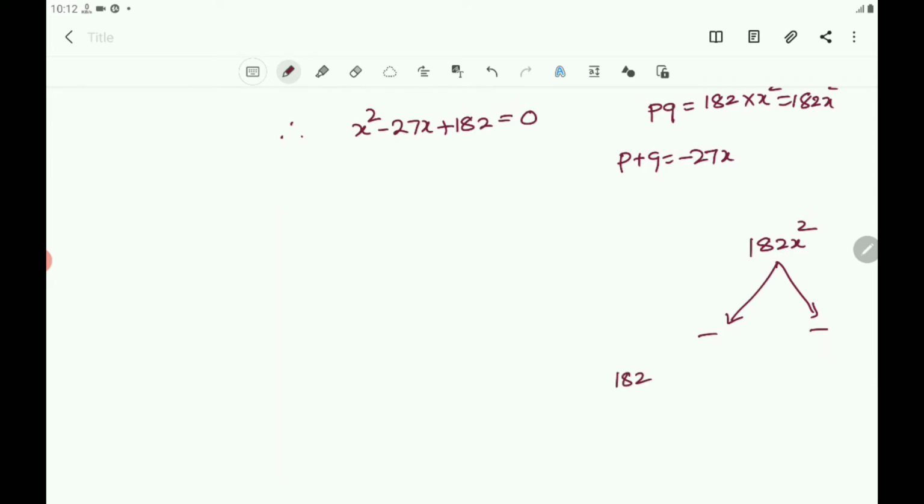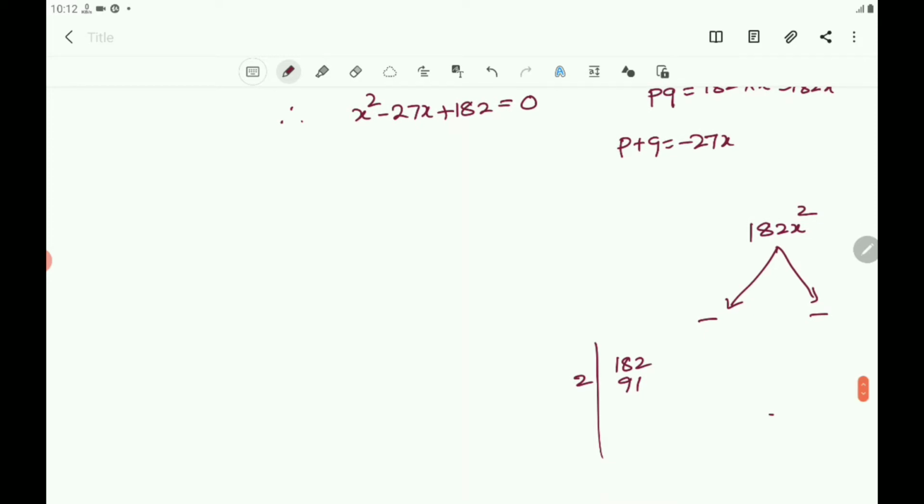182. Now you divide it by 2 as the unit digit is 2. 2 9s are 18, 2 1s are 2. Next, you know that 91 is divisible by 7. 7 1s are 7, 7 3s are 21. Then here 7 2s are 14.